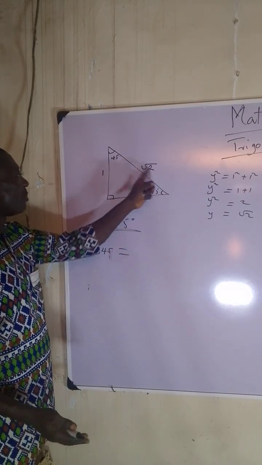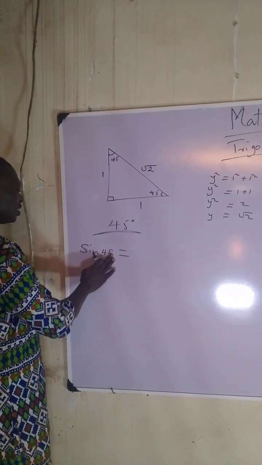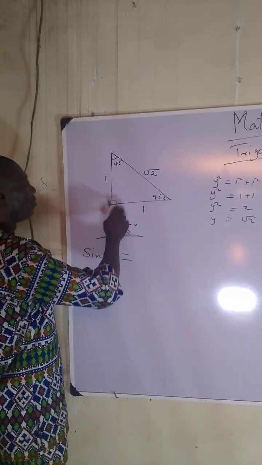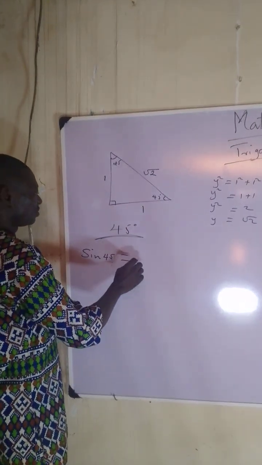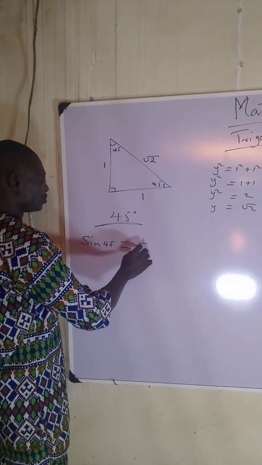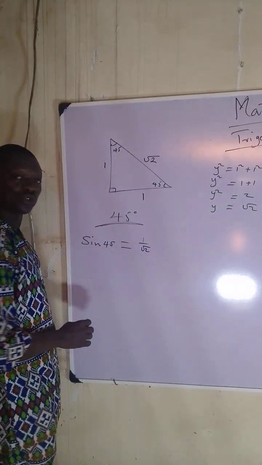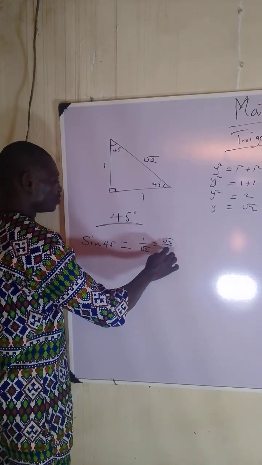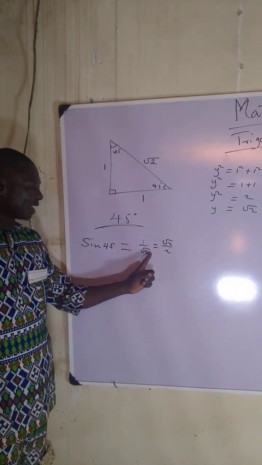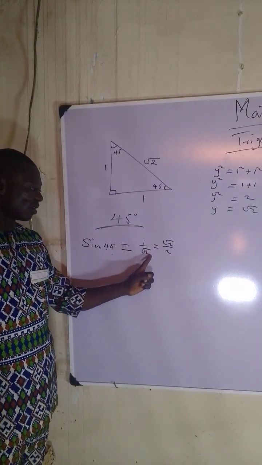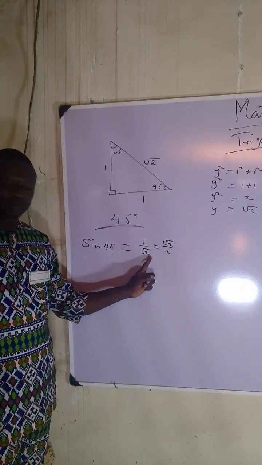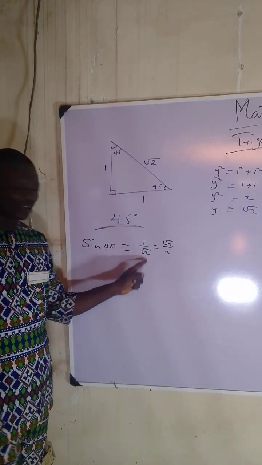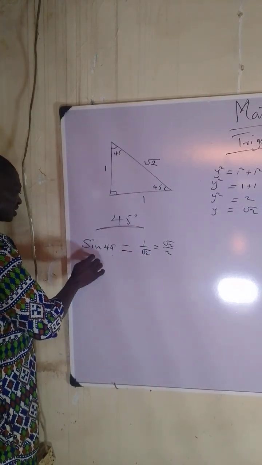Opposite over hypotenuse will give you 1 over root 2. If you don't write it as 1 over root 2, you can write it as root 2 over 2, which we will get when you multiply both the numerator and denominator by root 2. That means rationalizing the denominator.